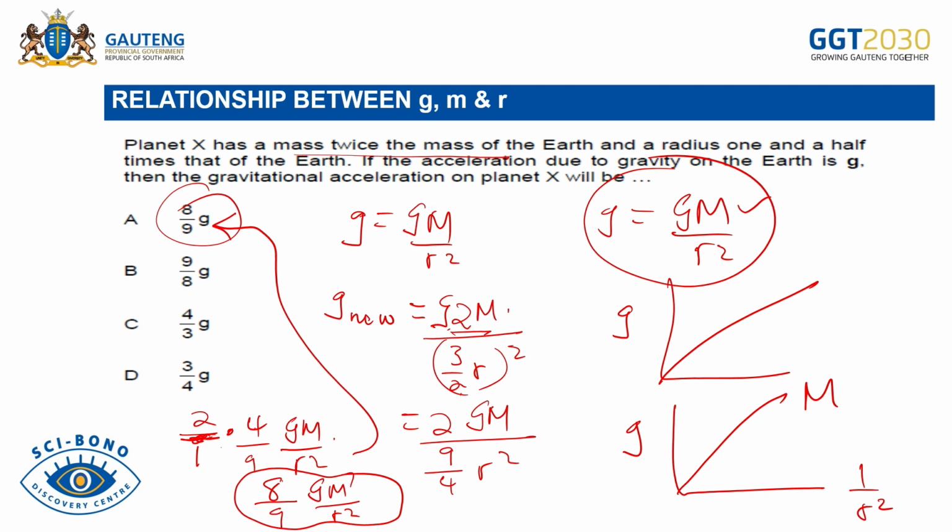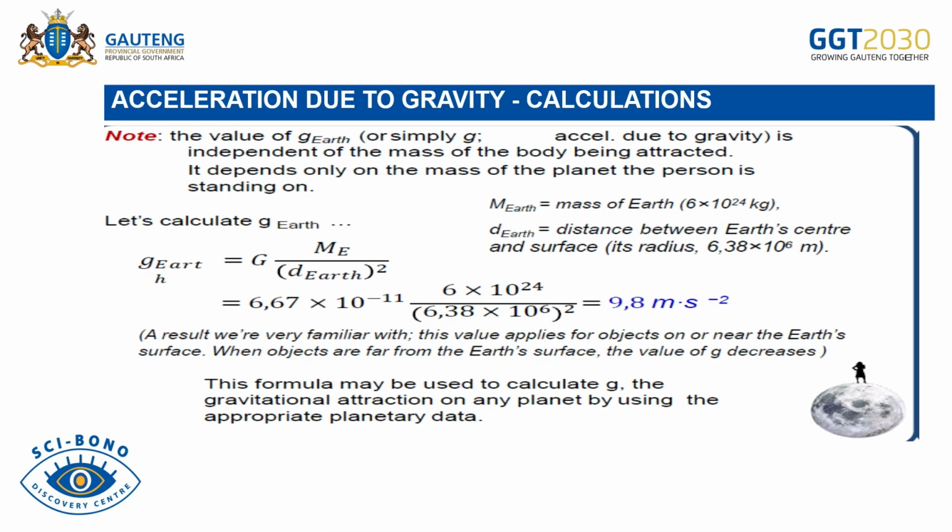That is acceleration due to gravity. So for the calculations, here they were trying to prove that acceleration due to gravity on planet Earth is 9.8. How did they do that? The equation is there on your data sheet: g equals GM over d squared. Then G is 6.67 times 10 to the power negative 11, and then 6 times 10 to the power 24.